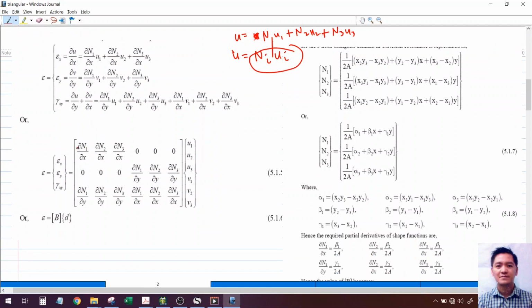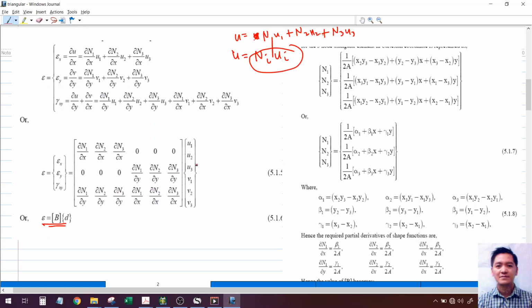Or in matrix form, so in matrix form ito is dn1 dx, okay, 0, 0 yan, no? Kasi ito ang coefficient lang nito is u1, u2, u3. Okay, therefore, hindi involved dito ang v1, v2, v3. Okay? Now, strain is BD. Okay? Strain is BD.